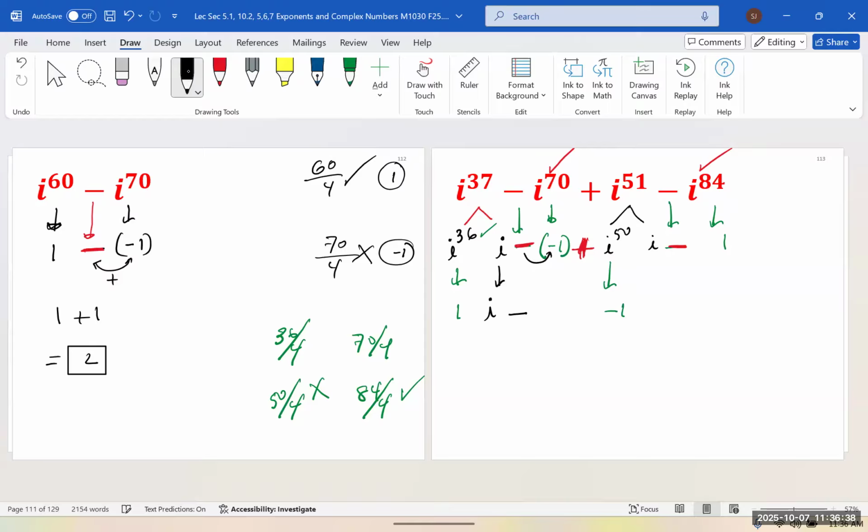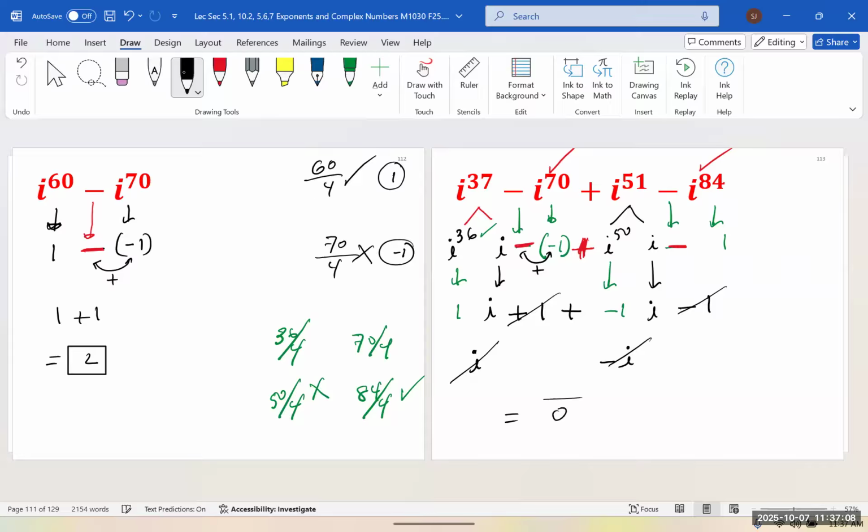Minus and minus turn into plus. So this is plus 1. And then here we have plus. We bring down our i. And we bring down minus 1. Plus 1 minus 1 cancel out. We have i minus i. They also cancel out.